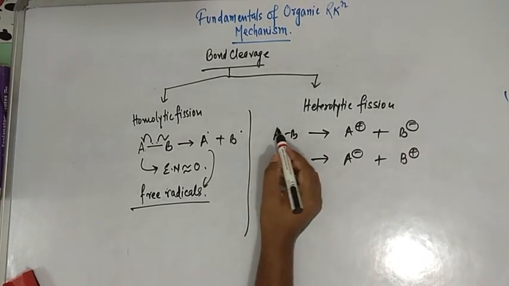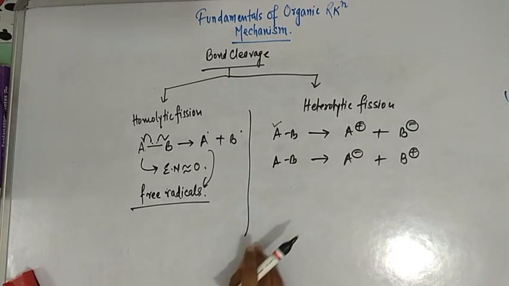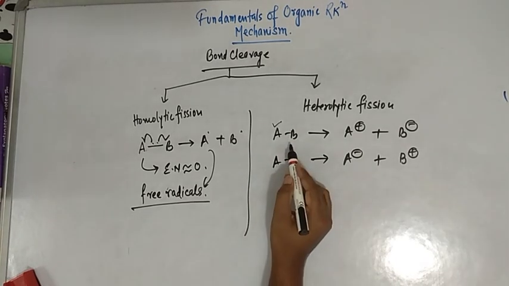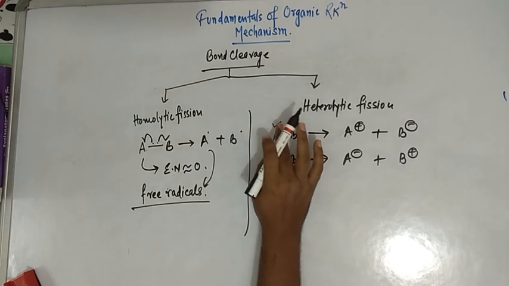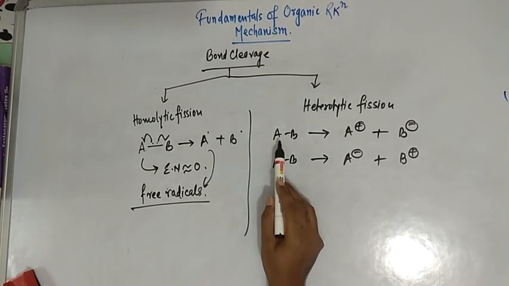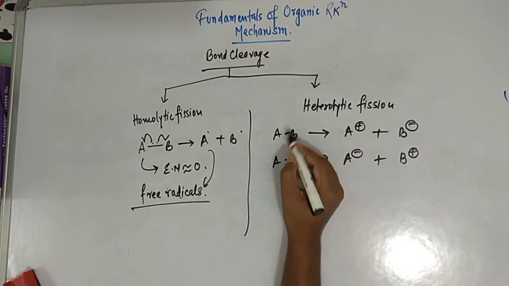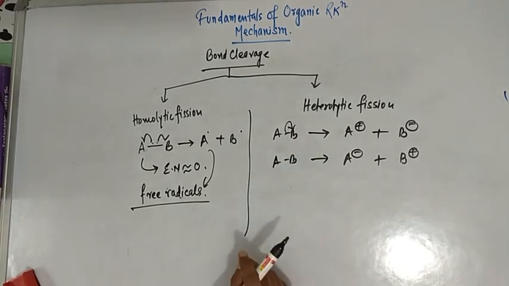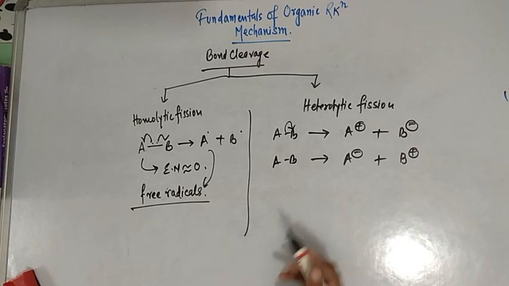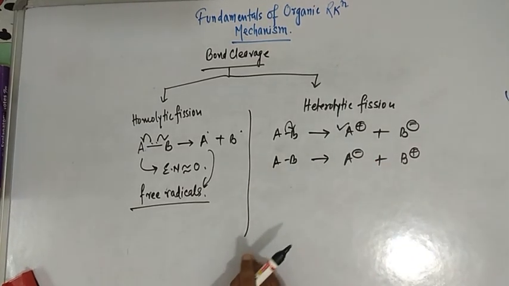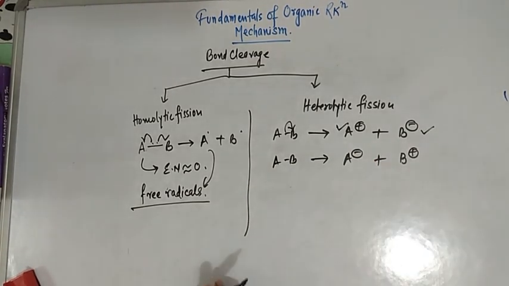When the electronegativity of B is more than that of A, then this bonding pair of electrons will be shifted towards B. In that case, cation A is formed and anion B is formed.